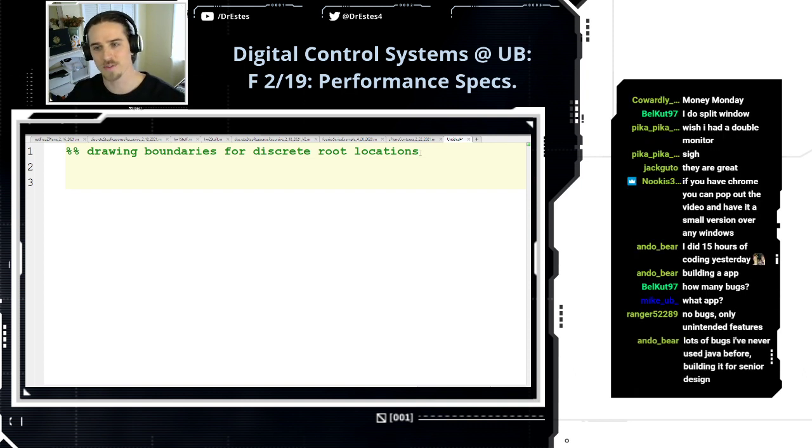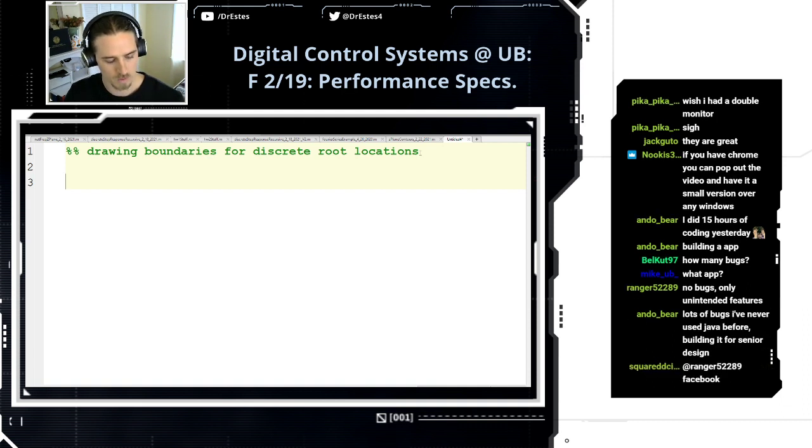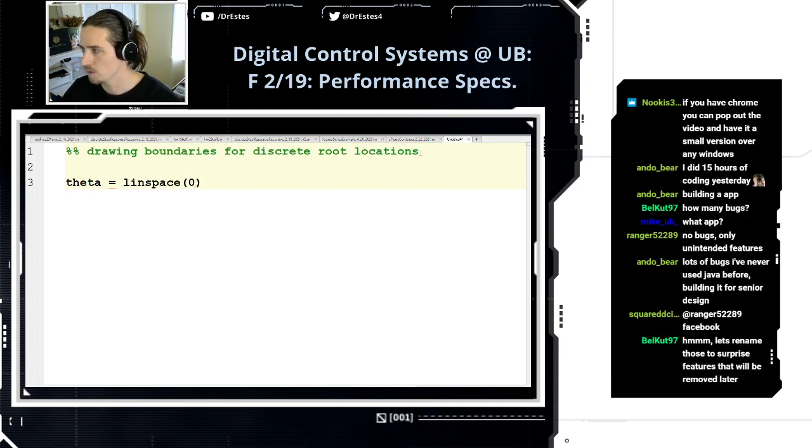We're going to draw this boundary first. I want to first define an angle theta, and we're going to make it go from 0 to 2 pi in increments of pi over 50 or something.